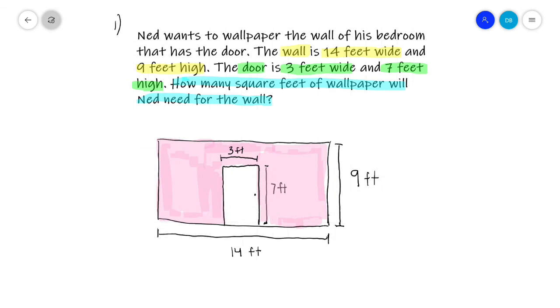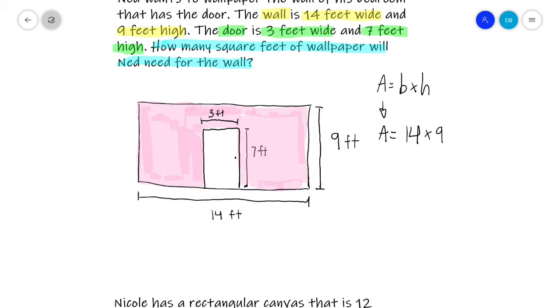So to find the area, we need to do area equals base times height. So the area is the unknown so far, but we know that the base is 14 and the height is 9. So I like to break these down into 10 times 9 and 4 times 9. 10 times 9 gives me 90. 4 times 9 gives me 9, 18, 27, 36.